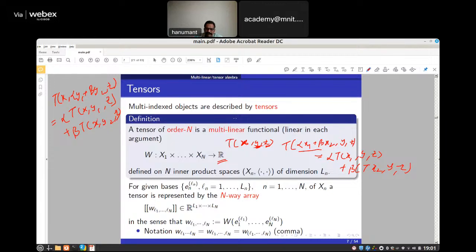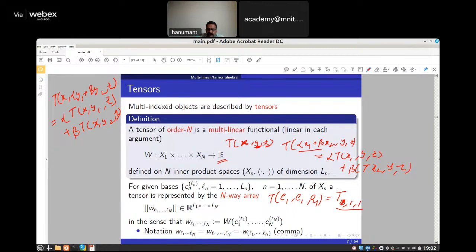So how to get this correspondence? For example, to get the first element here, I will input the first standard basis vectors of this X, Y, Z. So what I will get is the first entry of the T data matrix.